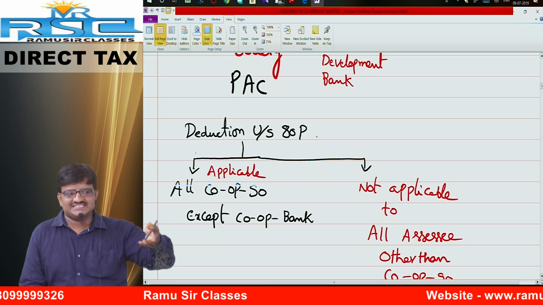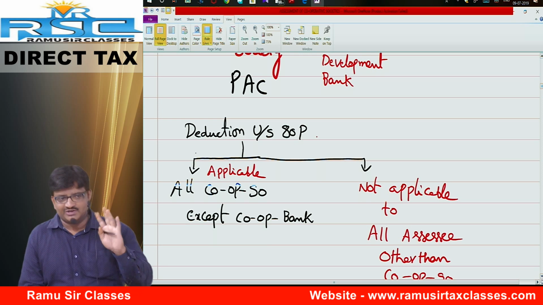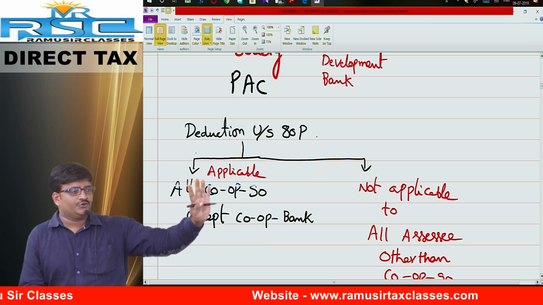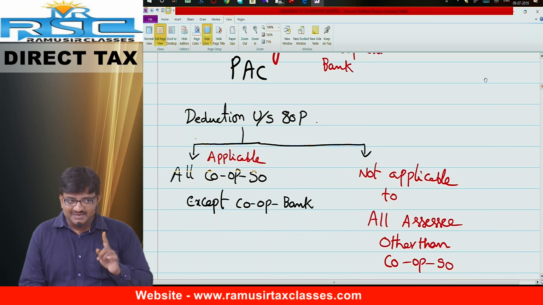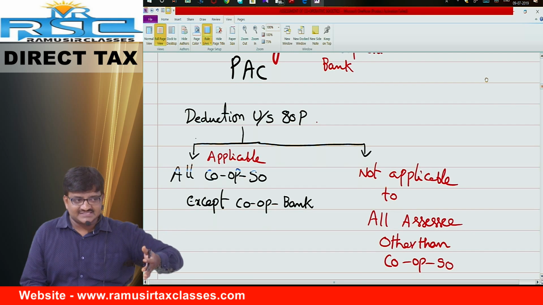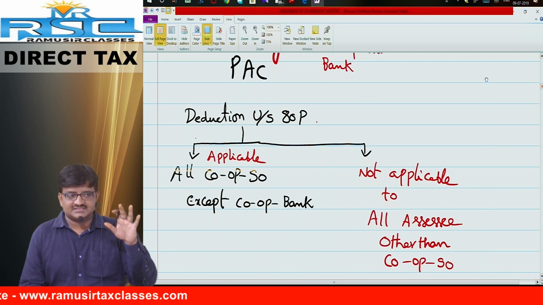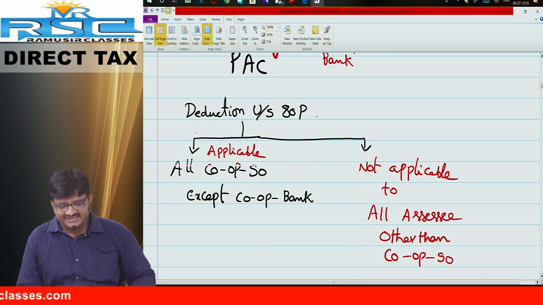What surcharge is applicable? If total income is more than 1 crore, 12%. Health and education cess, 4%, is applicable. 80P deduction is applicable to all cooperative societies except cooperative banks and regional rural banks. All other cooperative societies can claim deduction under 80P.